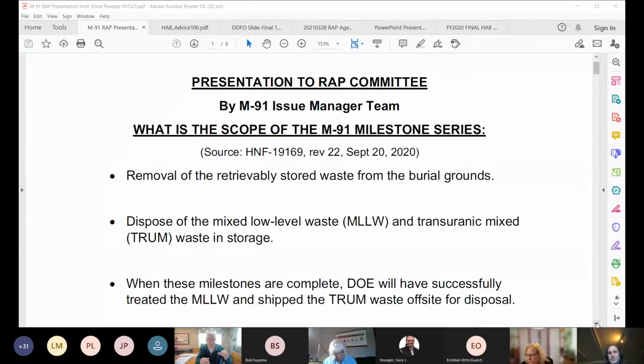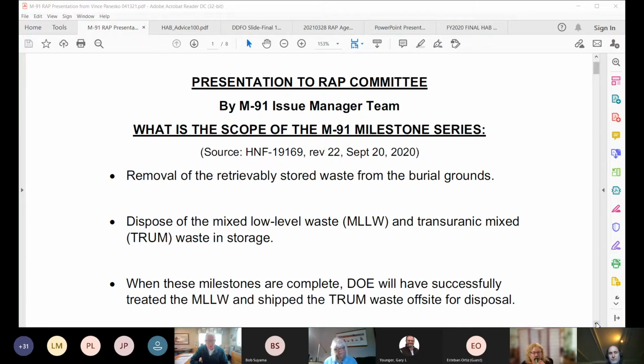That narrow scope is bullet number 1 on your screen, removal of the retrievably stored waste. We'll get to the definition in a minute. It includes mixed low-level waste, and how that got in here, I don't know.